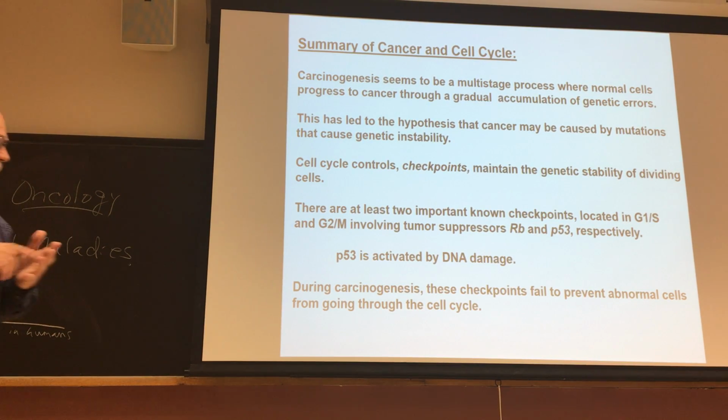So it's not just P53 and RB being checks on whether or not cells go on. There's also surveillance from the immune system.